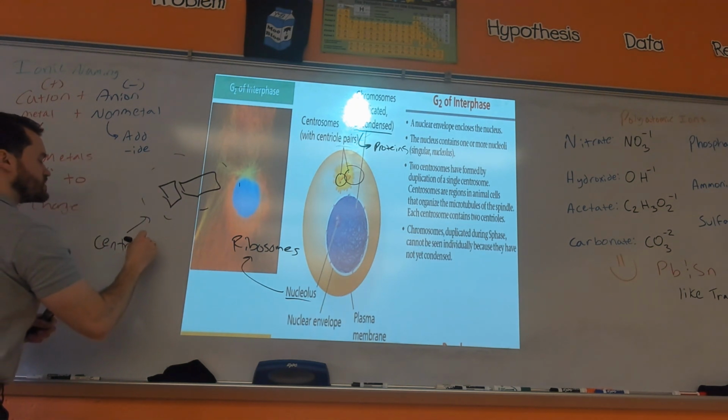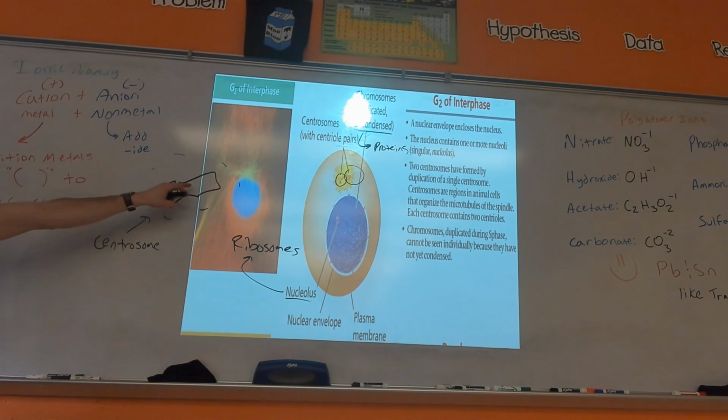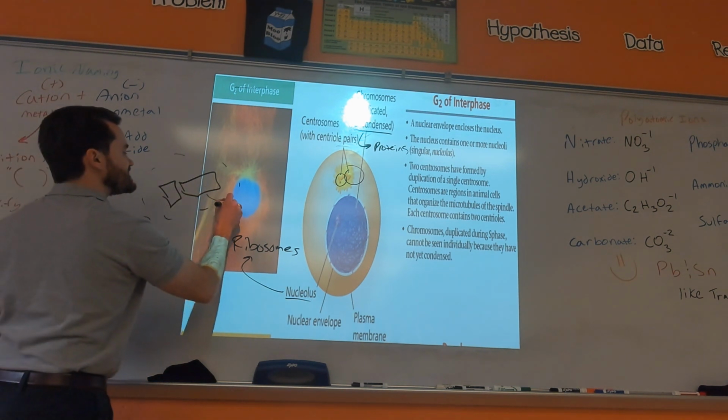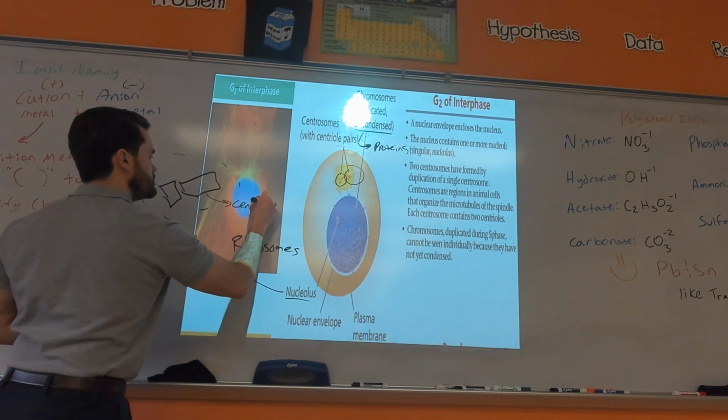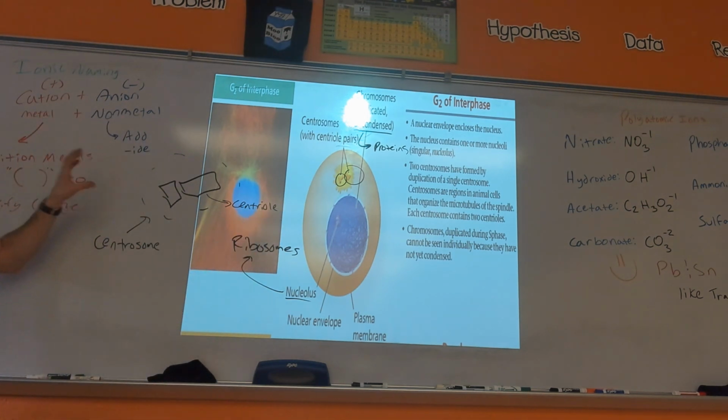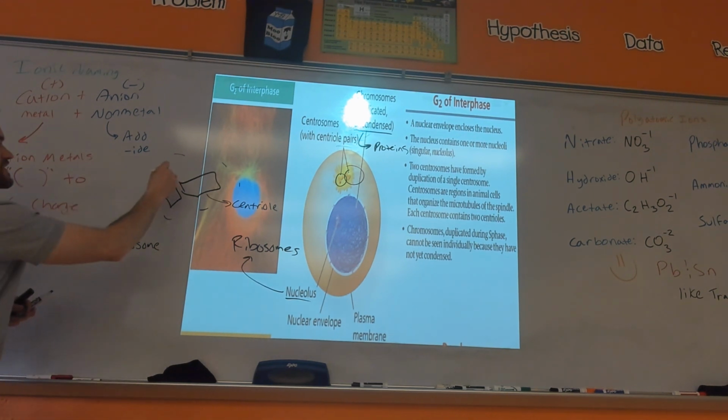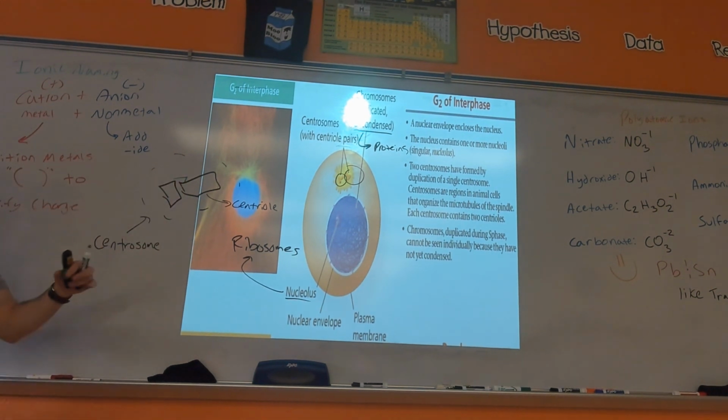But if I'm referring to one of these individual tube things, that is a centriole. So within one centrosome, you have a centriole pair, two centrioles, and a little less important, but they come at a 90-degree angle to each other.